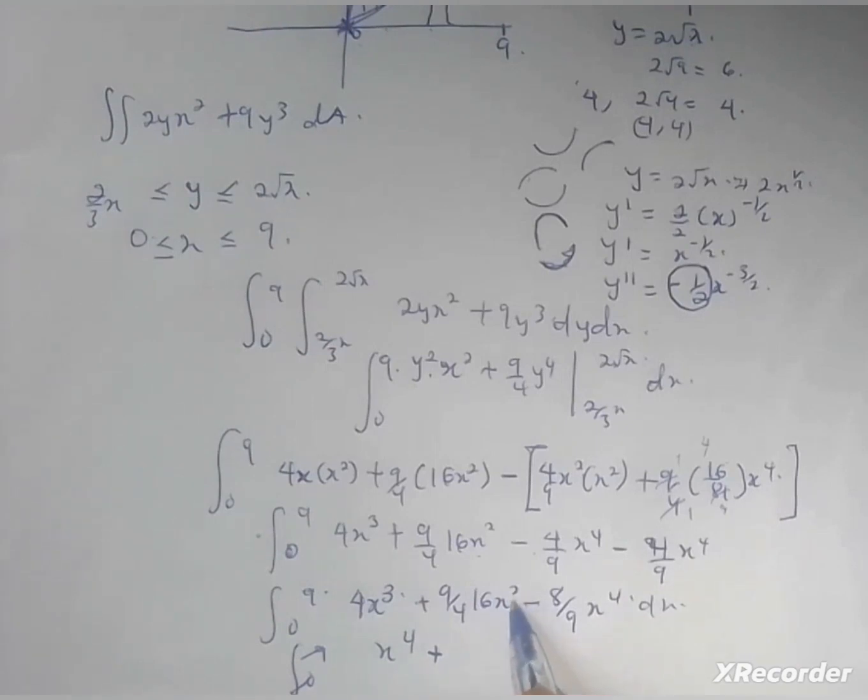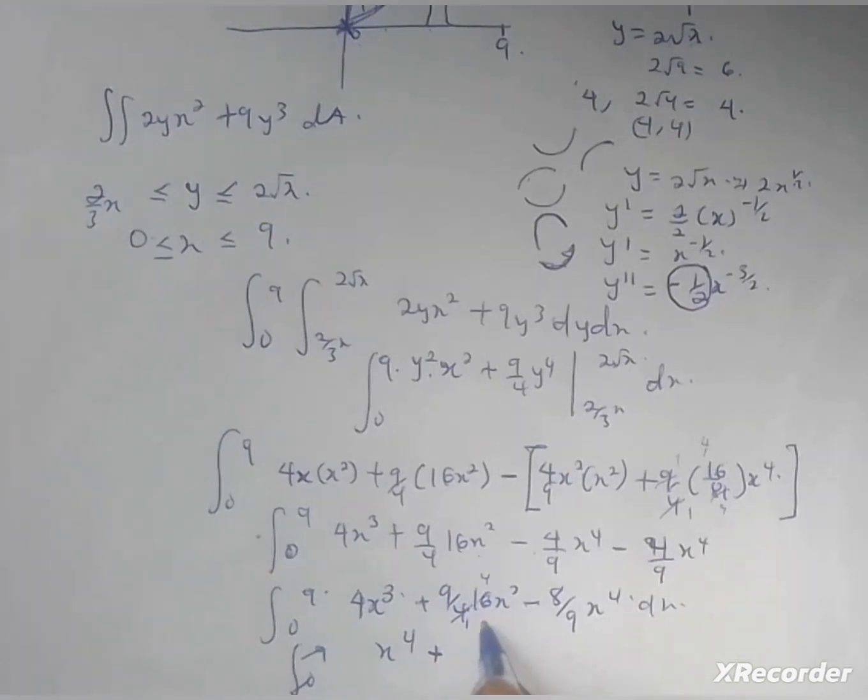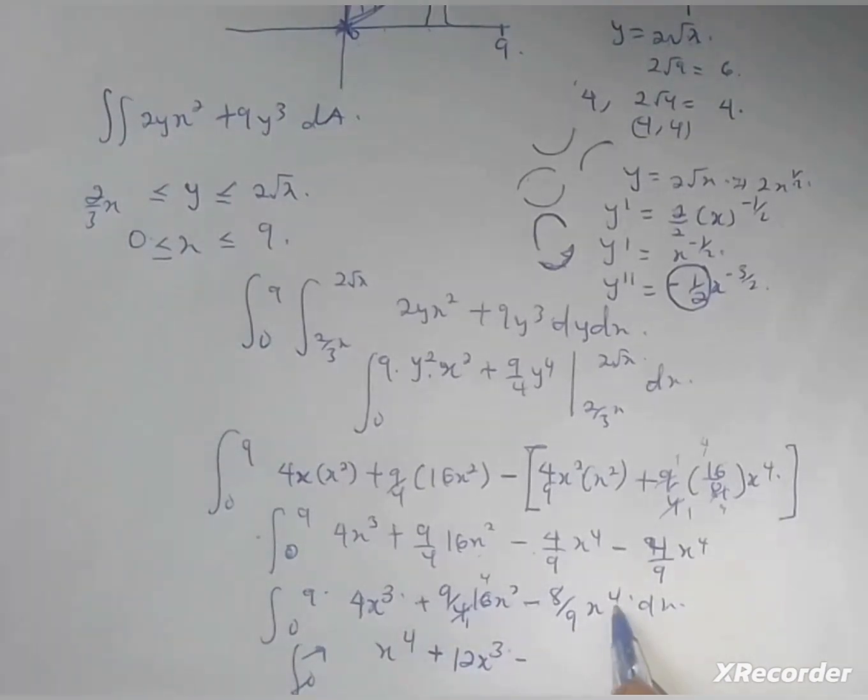So when I get 3, I'll divide through by 3. But first of all, I'm going to multiply here. This is 4. It goes into itself 1 and go here 4. So this place is going to give me 36. So I'm going to have 36, and when I integrate this, it's going to give me 12x cubed, right? Yes, minus, when I come here, when I integrate this, I'm going to get 5. So minus 8 on 45, x to the power 5. Then from 0 to 9.